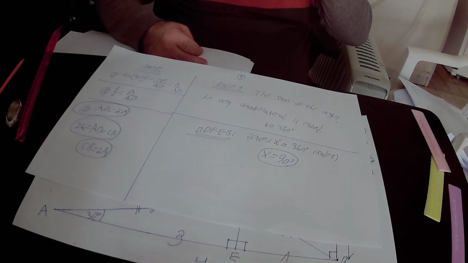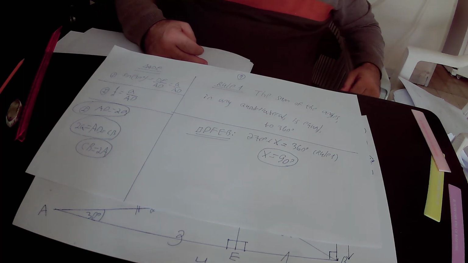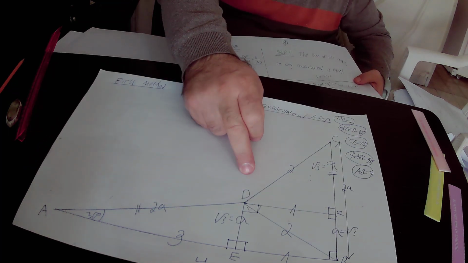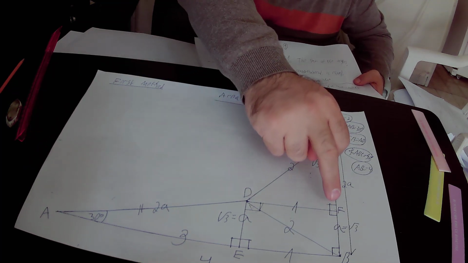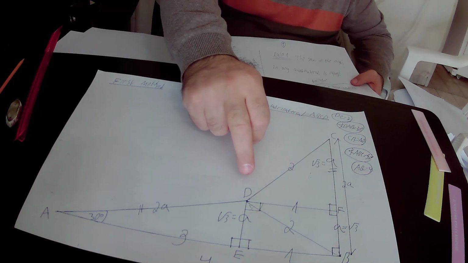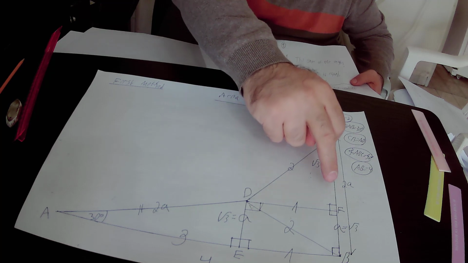Then we drew a perpendicular from point D to CB. We define the touching point between the perpendicular from D to CB as point F.